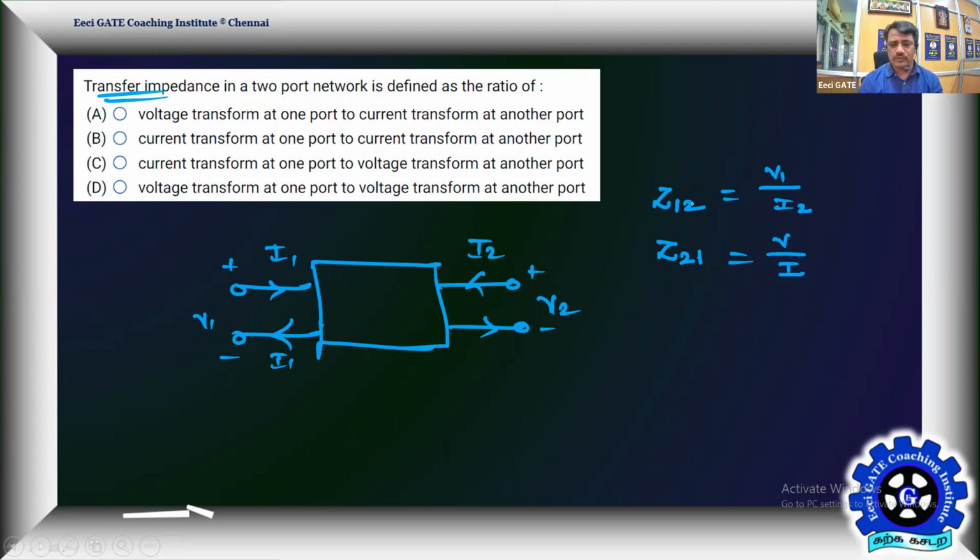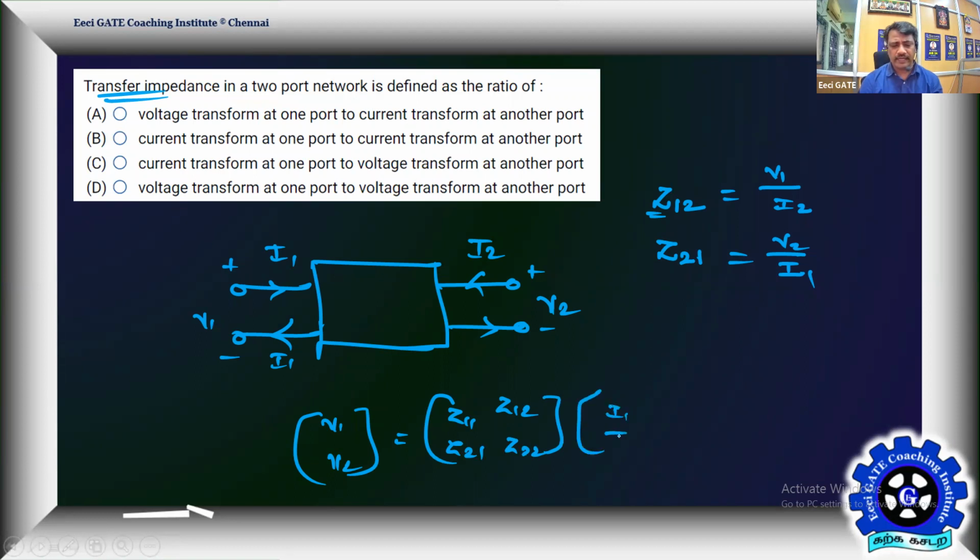Is it 1 2? Z is nothing but V by I, with 1 in the numerator and 2 in the denominator, or 2 in the numerator and 1 in the denominator. Maybe you can go to the Z parameters for any doubts. The matrix of V1, V2 is equal to the matrix Z11, Z12, Z21, Z22 times the matrix I1, I2.